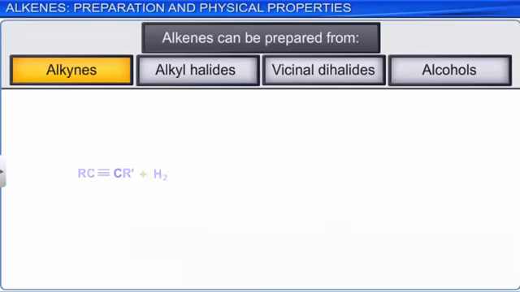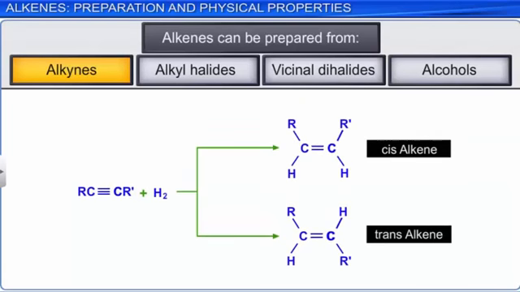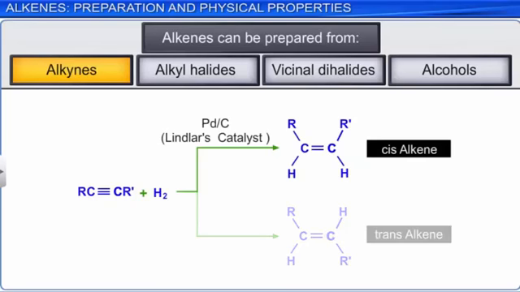Depending upon the nature of the catalyst used, a higher alkyne can be reduced to cis or trans alkene. Lower alkynes, such as ethyne and propyne, and higher terminal alkynes do not yield cis-trans isomers upon hydrogenation. When the catalyst used is Lindlar's catalyst, the alkene obtained shows cis geometry.